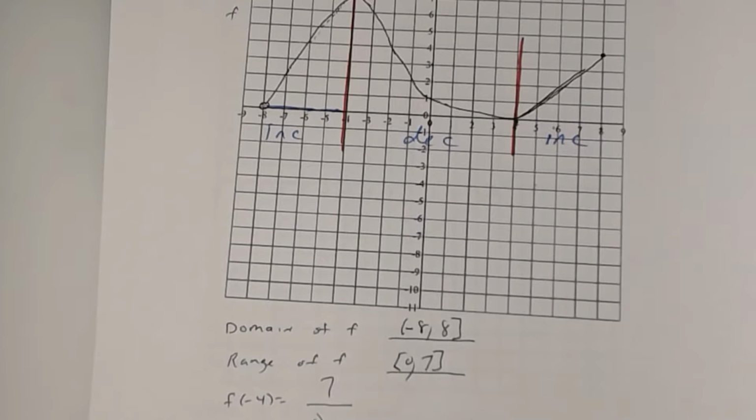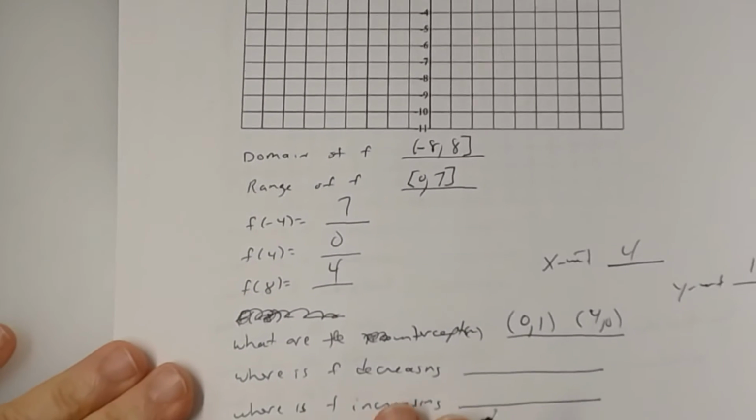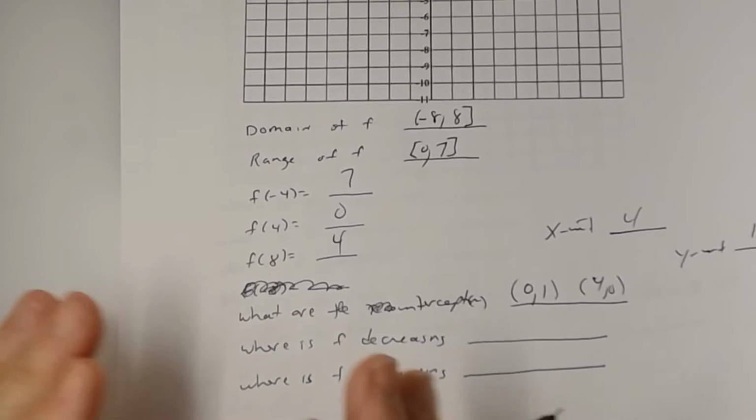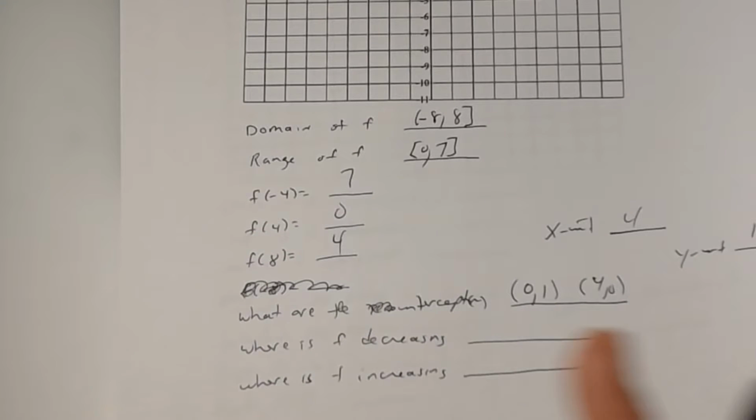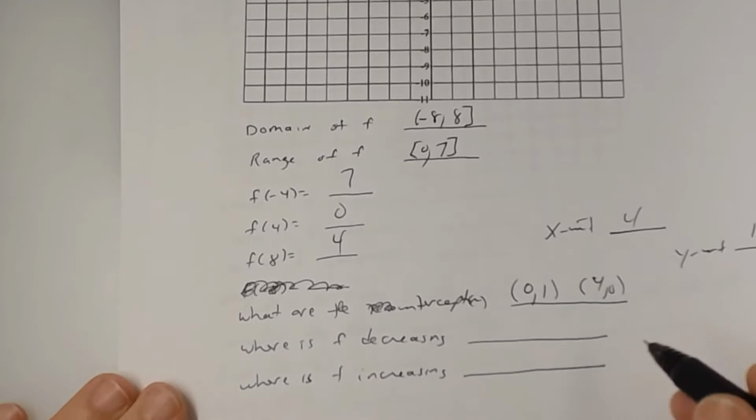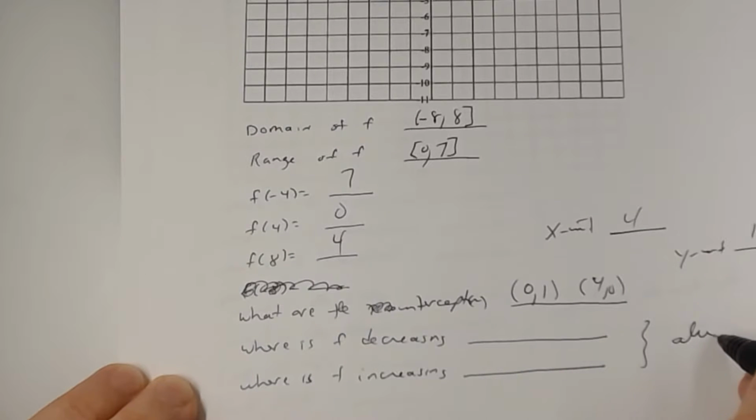The only time you need to focus on whether it's a bracket or parentheses is when you're looking for domain and range. If it's asking for increasing, decreasing, constant, it's always going to be parentheses. Is that clear? Always use parentheses, because you are talking about open intervals.